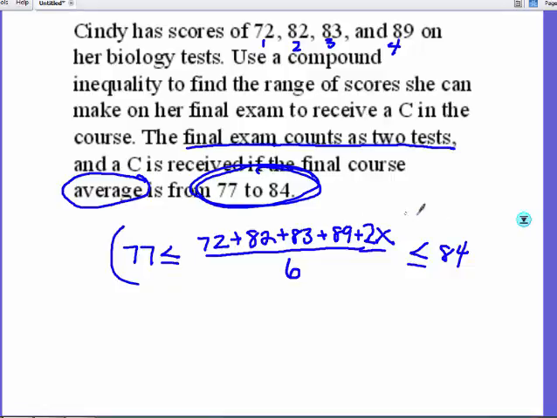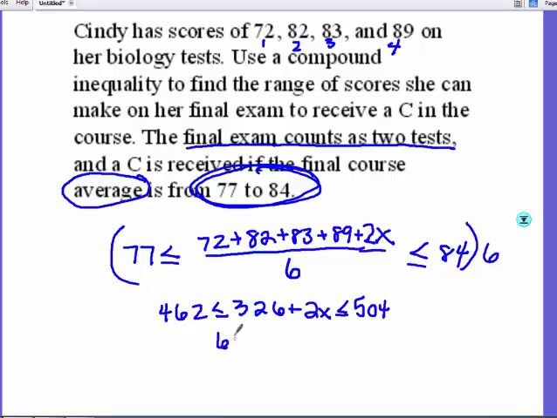As you go to solve this one down, I suggest multiplying by 6 first, because that'll give you the inequality 462 is less than or equal to 326 plus 2x, which is less than or equal to 504, which makes it a little bit easier to solve down and get 68 is less than or equal to x, which is less than or equal to 89.